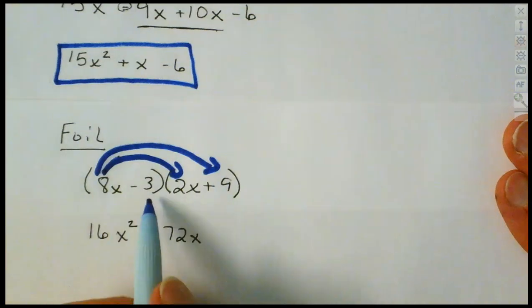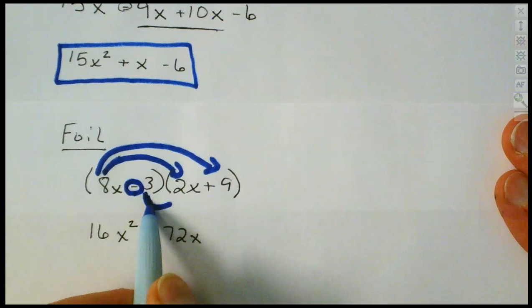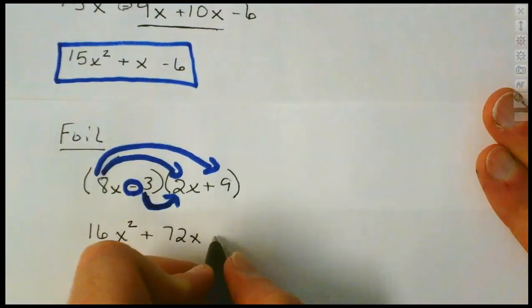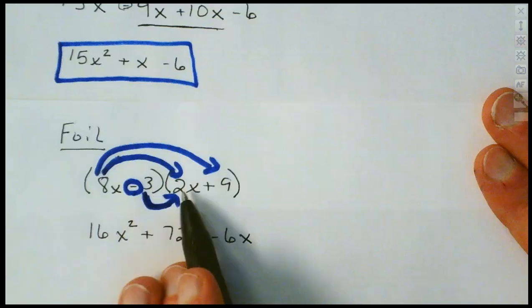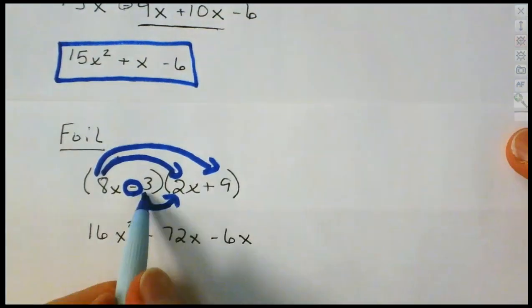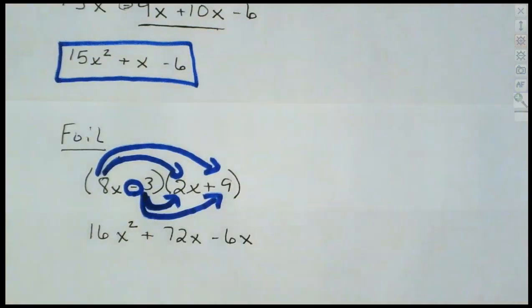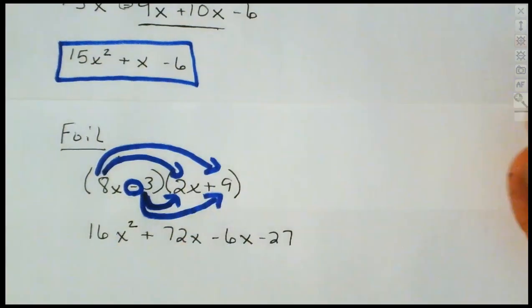Next, we need the I, inside and inside. Now make sure you see that negative here. Okay, so inside and inside, see what we've got here. Minus 3 times 2. Minus 3 times 2 makes it a 6, and it has the x with it. And then we have last times the last here. And that's minus 3 times 9. That's a minus 27.